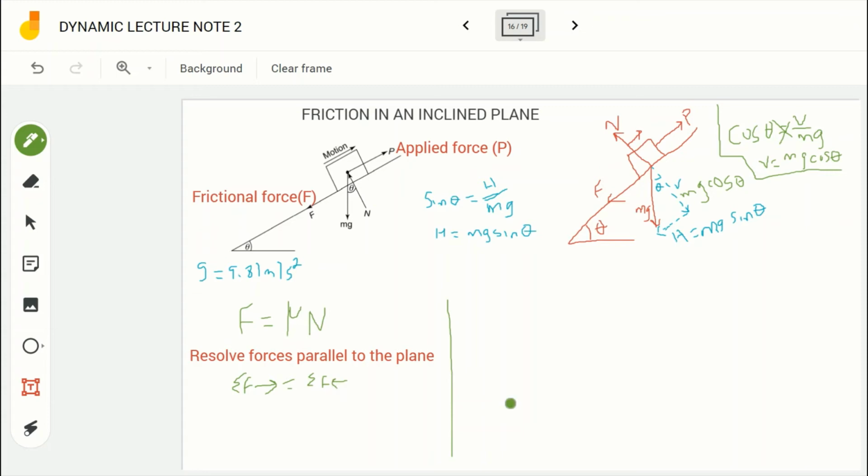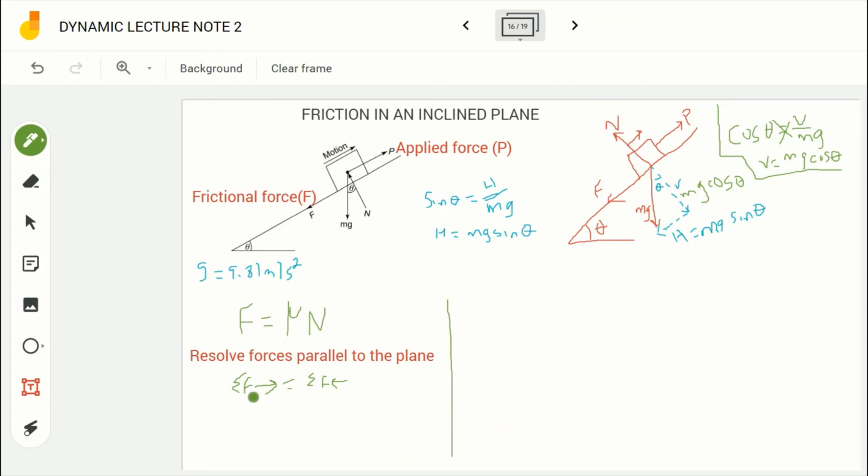The first thing we do here is that we have to resolve the parallel forces. As you can see from the question, forces P, F, and now force H are parallel to the plane. P is going to your right, and F and H are going to our left.